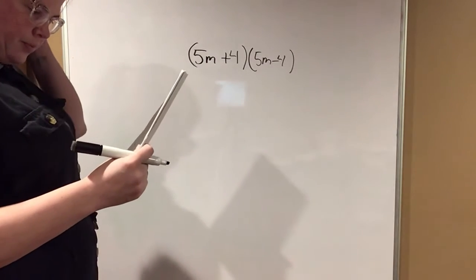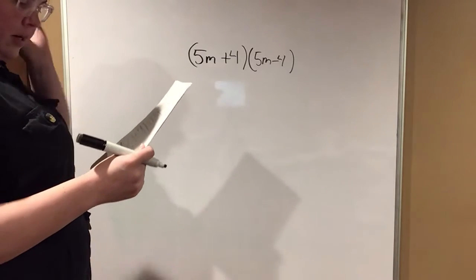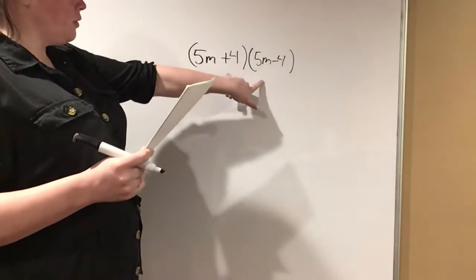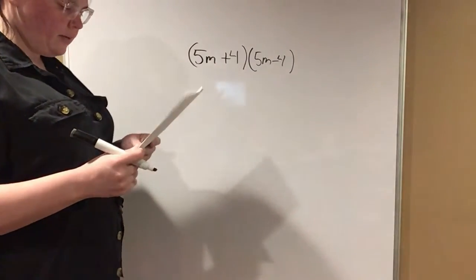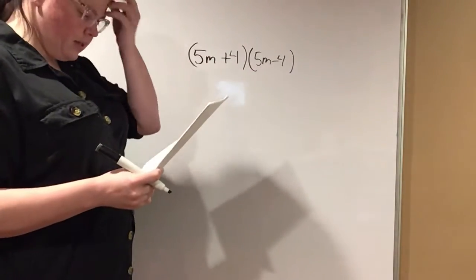It's called a difference of binomials, a sum and difference. It's pretty much the exact same thing, right? You're multiplying by the sum and the difference of the exact same thing.